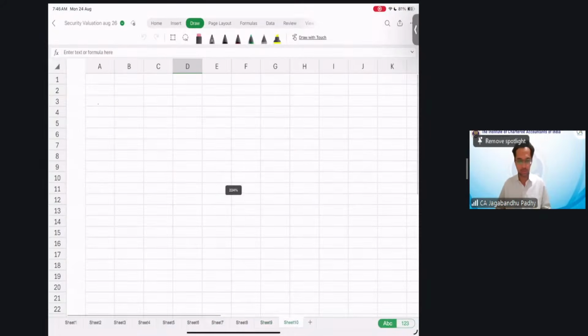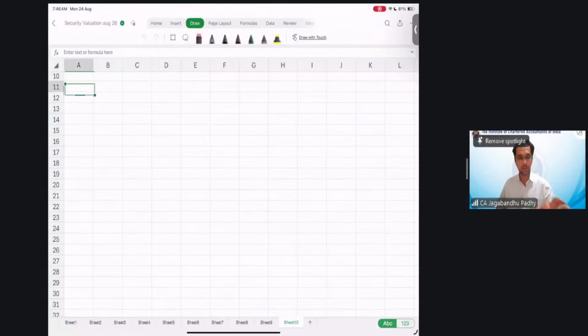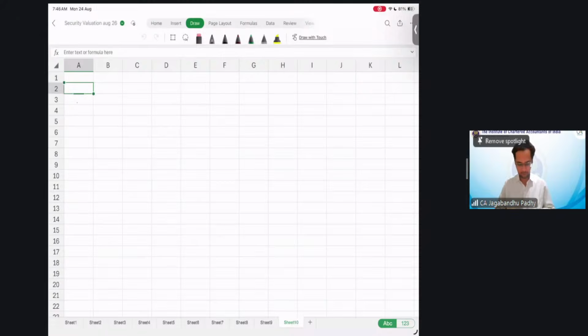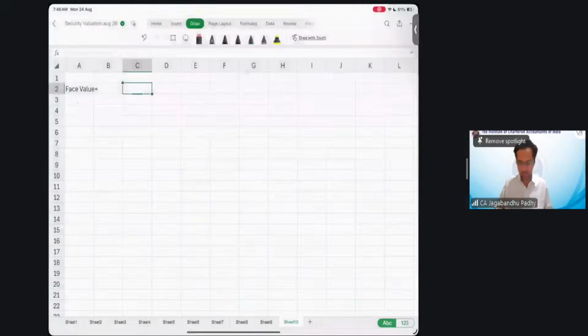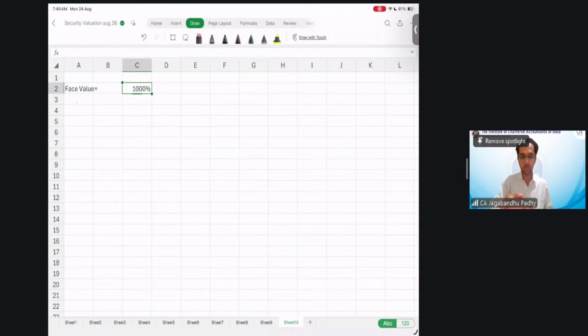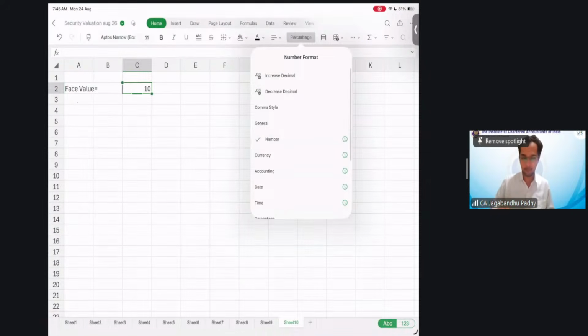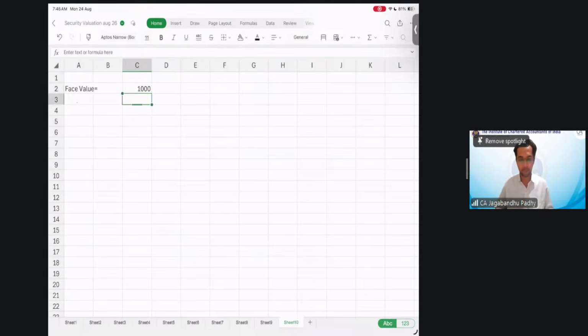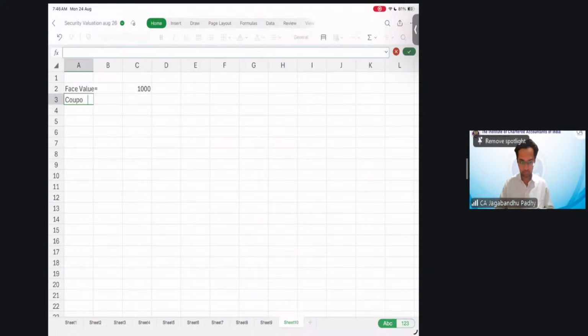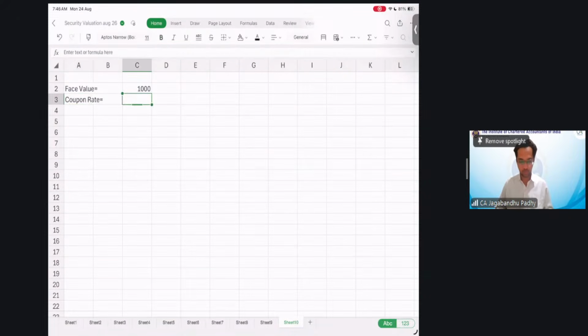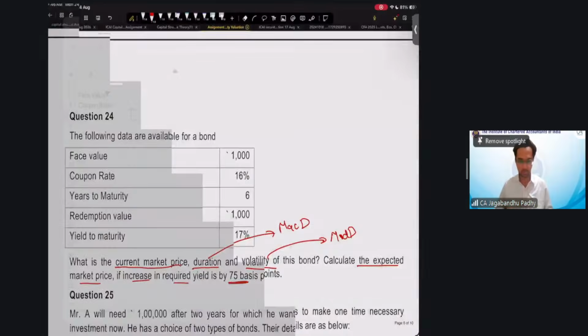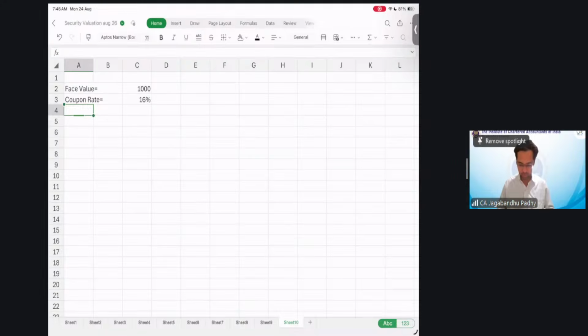So as far as this is concerned, we have the face value. Face value is 1000. Then you have the coupon rate. Coupon rate is 16%.